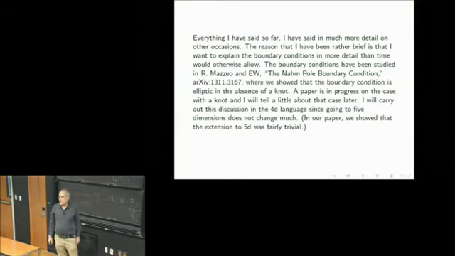In our paper, we showed that the extension to 5 dimensions was trivial. That once we had written down what we had to know to show that the boundary condition was elliptic in 4 dimensions, it was trivial that it was true in 5 dimensions. If you ask again later on, I'll explain why that was true. Or if I remember, I'll do it without being asked.